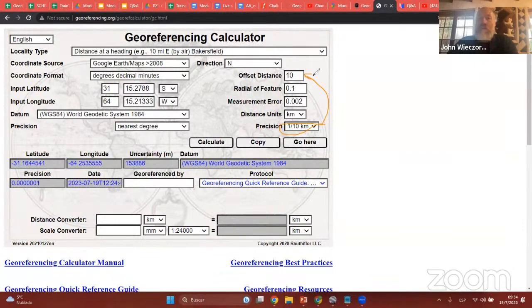That has nothing to do with me measuring on a map, with me drawing lines or using a measurement tool in Google Maps. That's what the measurement error is about. It's personal. It's about me, the georeferencer, and how good I am at reproducing the same distance on the map each time. Is that clear?